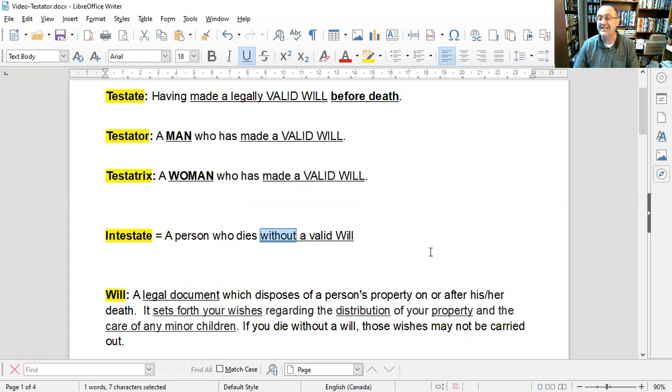If you die without a will, those wishes may not be carried out according to your wishes, because a will is a legal document, and the executor of the will is obligated to execute your will to the letter, exactly as you wish.